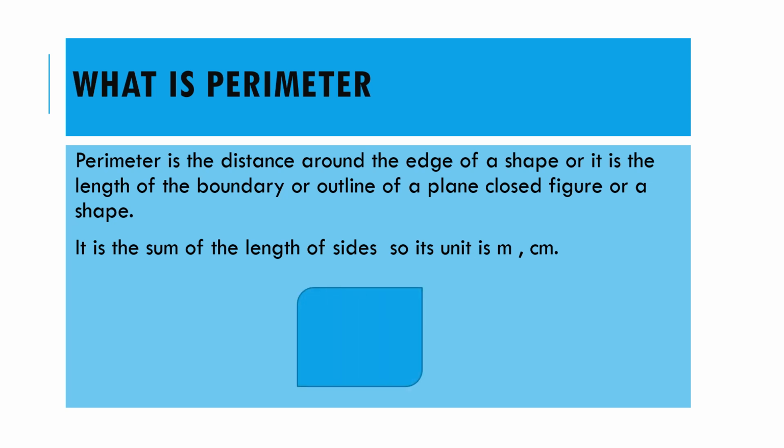For example, it is a shape or a plane closed figure. If we walk from A to B, B to C and C to D, the distance covered from A to D is the perimeter, or it is the sum of the length of sides.